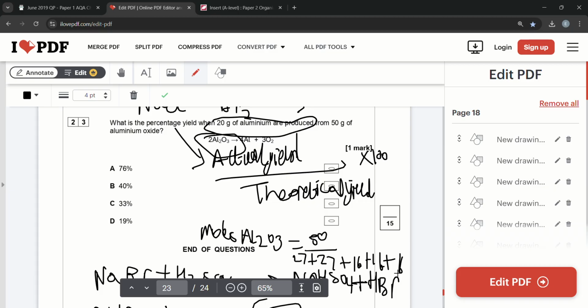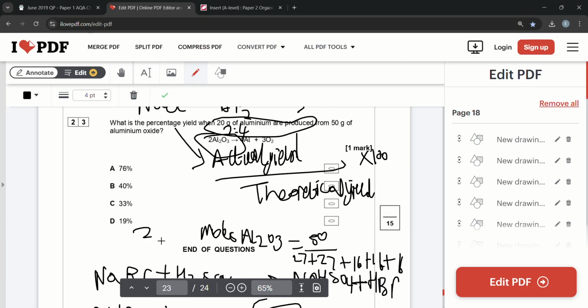And then obviously, because it's a 2 to 4 molar ratio, we times it by 2. That's the moles of aluminium. Therefore, to find the mass of aluminium, the theoretical yield, moles is mass over Mr, so mass is moles times Mr. The Mr of aluminium is 27. So now we'll get 26.47.